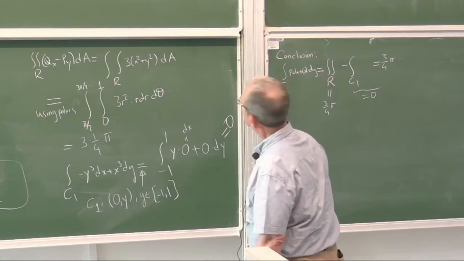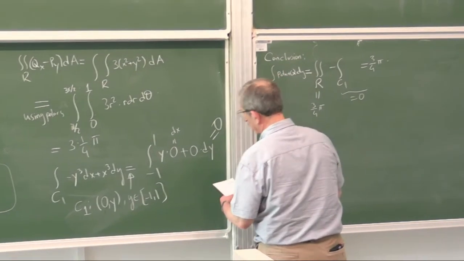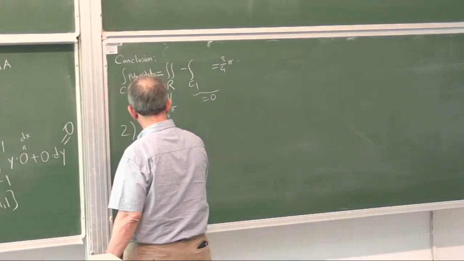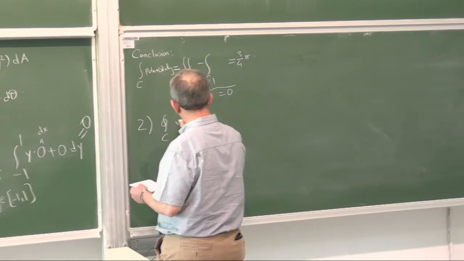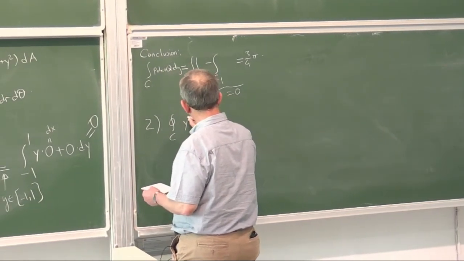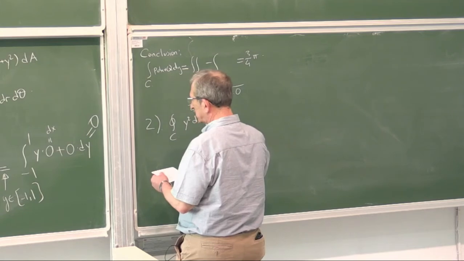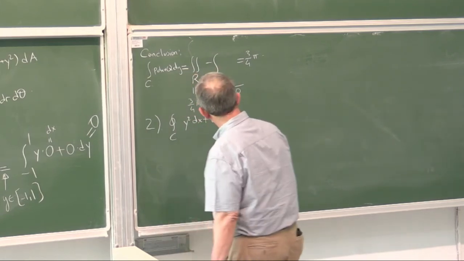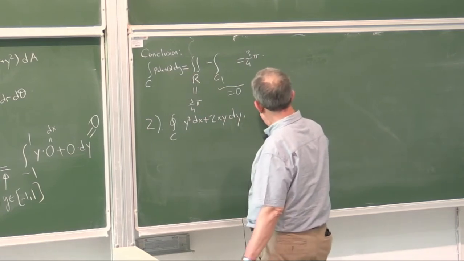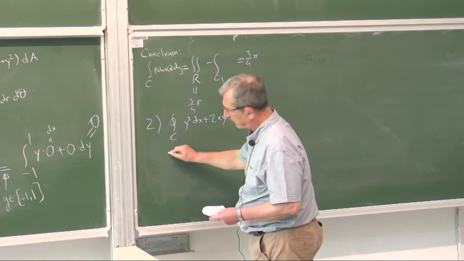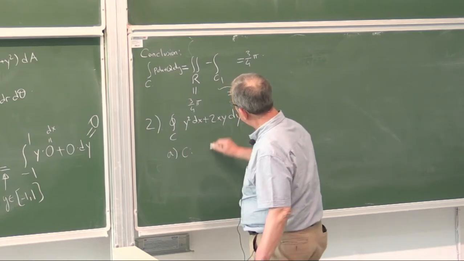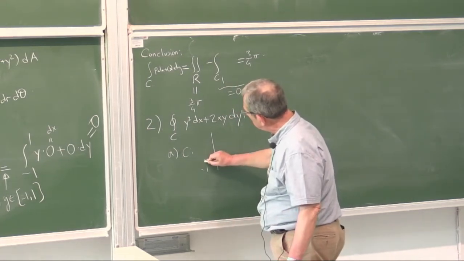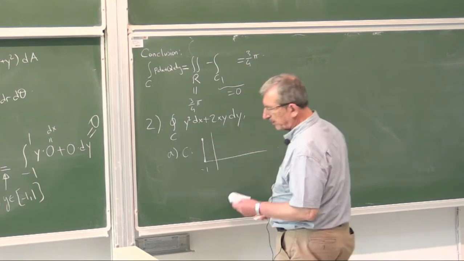Now this time, let us consider the following example. We have the integral over C of y squared dx plus 2xy dy, and in the first case, C is given by the following. At minus 1, we have a straight line.